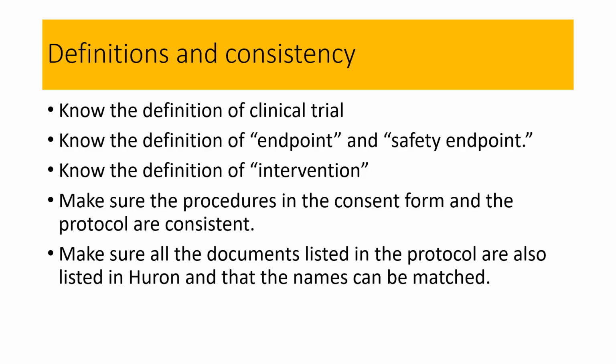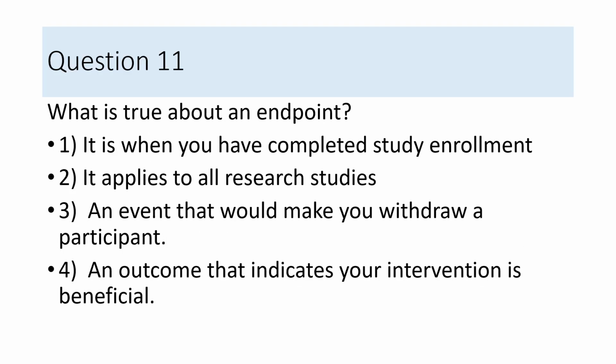Use file names that can be easily matched. Double check that the lists in Huron and the documents in your protocol are consistent. You can cut hours and even days off the review time for your submission. And yes, this is another reason why we discourage copying and pasting from another protocol.